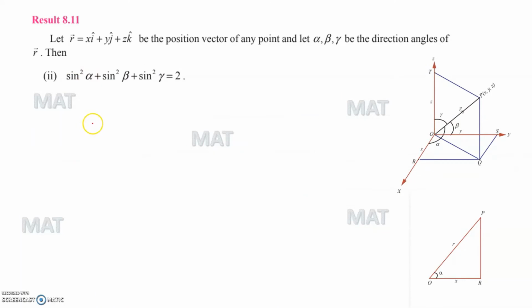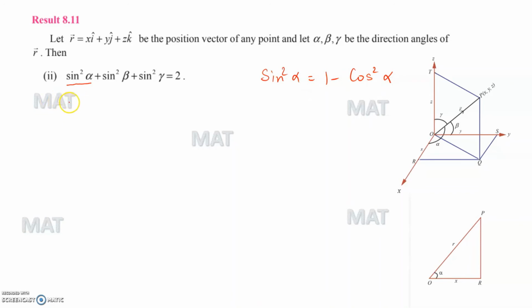The second result says that sine squared alpha plus sine squared beta plus sine squared gamma is equal to 2. Now we know that sine squared alpha can be written as 1 minus cos squared alpha.